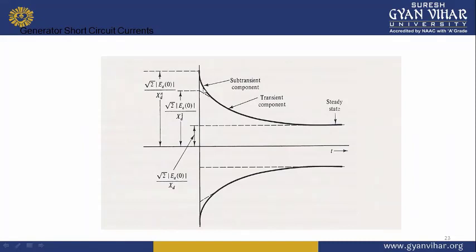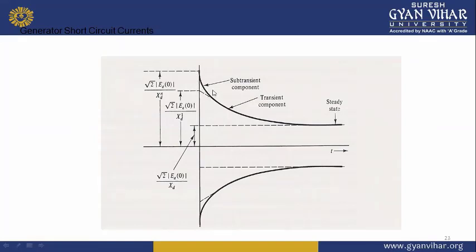This is the sub-transient component, where the sub-transient reactance is being considered. Since in the sub-transient period the reactances are connected in parallel, the net reactance has the least value, due to which the current will be maximum, and this is reflected in this sub-transient period.